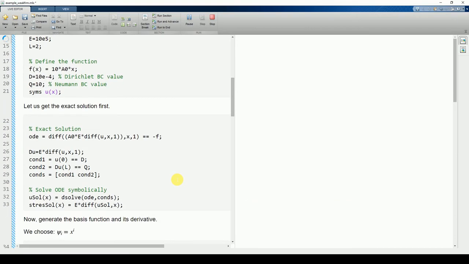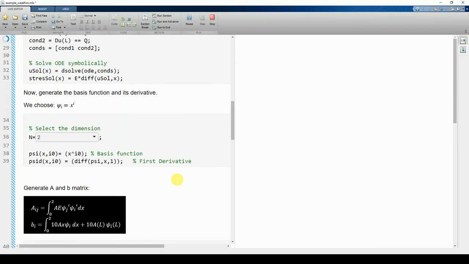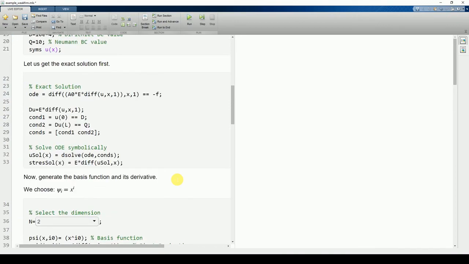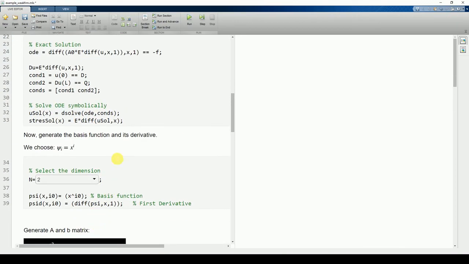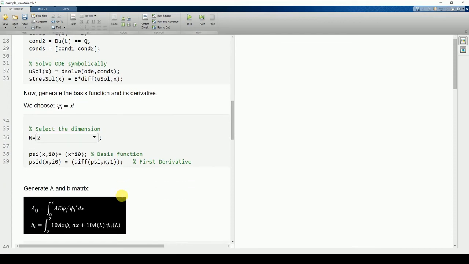So it worked now. I think there is some limitation with this dsolve, but our method could have solved these equations. So this is not a limitation of the weak form. This is Matlab's limitation of solving using this dsolve.